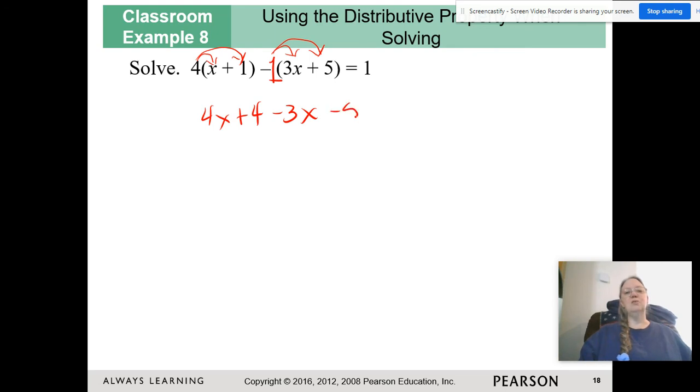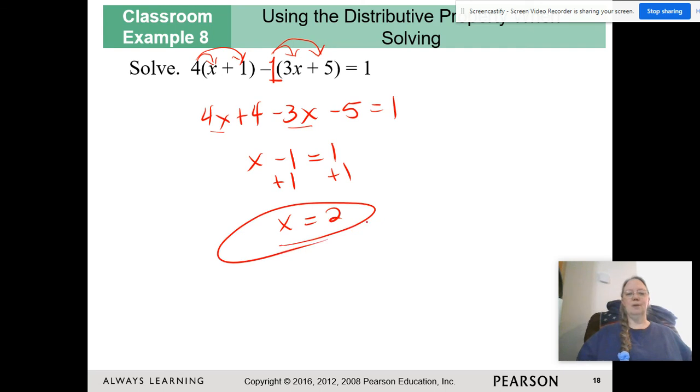Don't forget to distribute that -1 to the 5. Students forget to distribute the -1 to the 5 all the time, so please don't forget. We're going to combine like terms, our 4 and our -5. And then we're going to get our variable by itself by adding 1. We get x is equal to 2. And there you go.